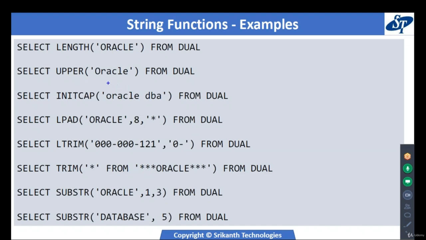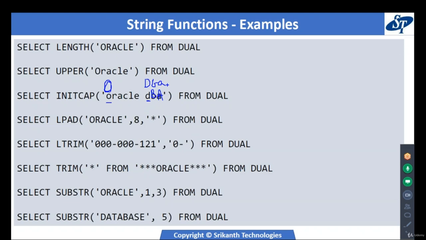UPPER is converting the given string to all uppercase. The same is done with LOWER. Everything is converted to lowercase. INITCAP is going to convert the first letter of every word to uppercase, and here D will be uppercase. In case you have something like BA in uppercase, they will be converted to lowercase.